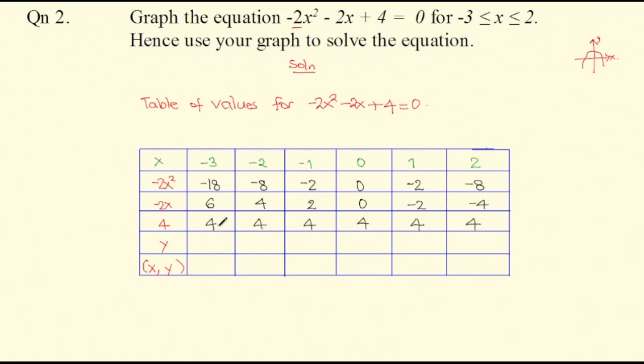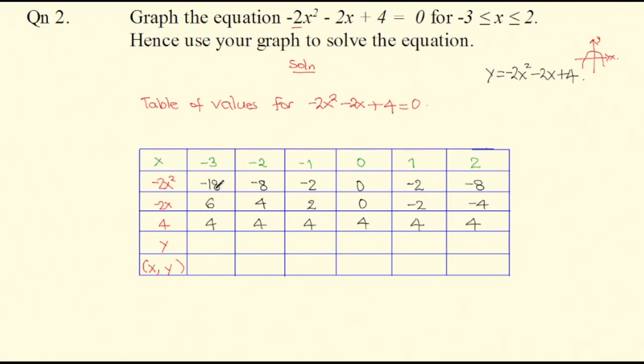So let's get the corresponding values for y by adding up all these three together. As before, we said y can represent the equation of this parabola, -2x squared minus 2x plus 4. So the three numbers in black can be added together to get the values for corresponding y. 6 and 4, since they're positive, we add them together and have 10.